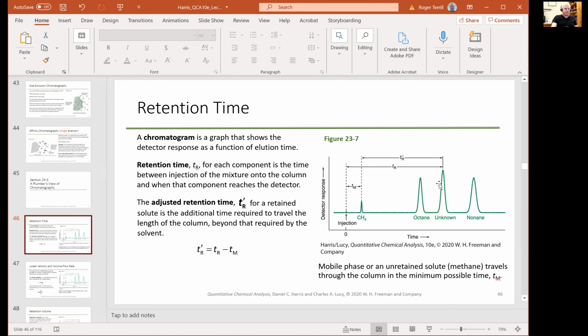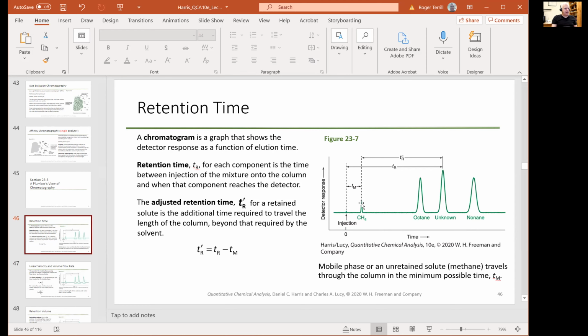And then, in this case, they have detector response in time, and then they have methane, octane, unknown, and nonane, right? And methane they're using really as a marker for what's called the dead time.